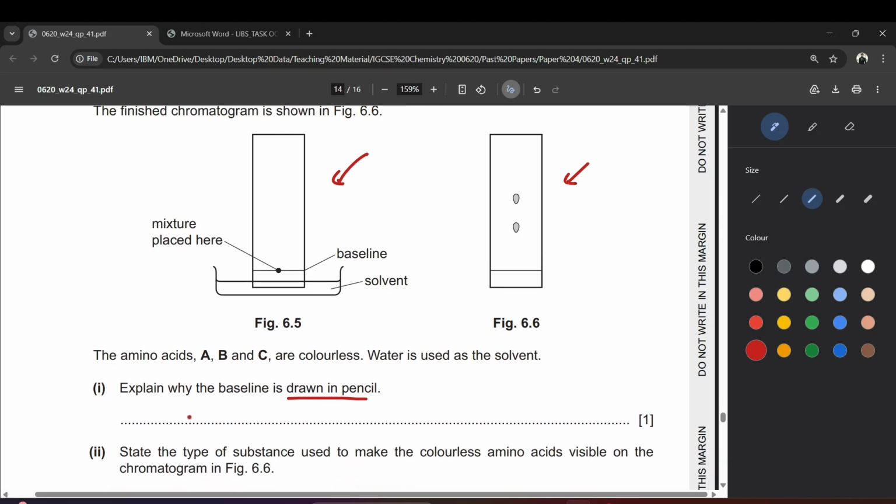You will say that pencil mark is insoluble in the solvent. You have actually given the same answer, but in the right context: we are using pencil because whatever marks you make on the chromatogram will not be washed off, because that pencil mark is insoluble.